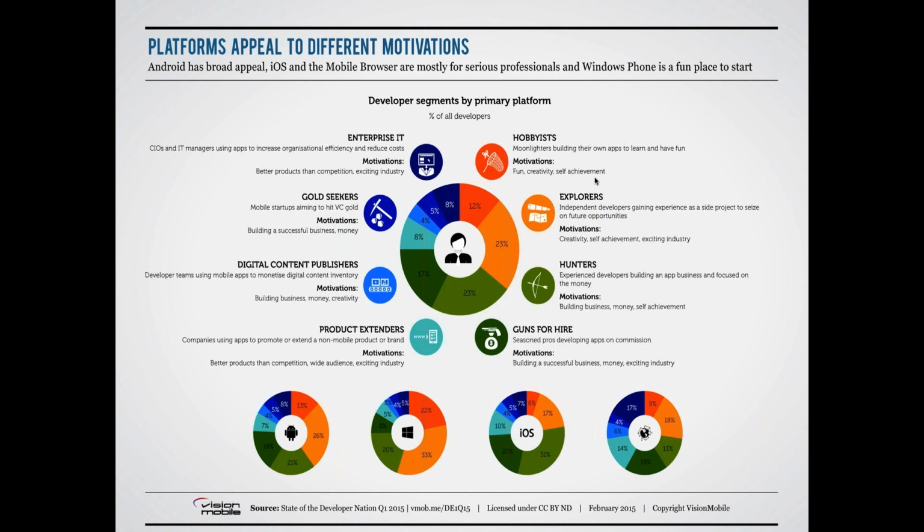So Android-first developers, as you might expect, have a substantial share of hobbyists and explorers, but a decent amount of money makers. Contrast this with Windows, that is primarily hobbyists and explorers. Contrast this with iOS, that is primarily hunters and guns for hire, the money-making segments. It's only web that is fairly nicely balanced across the segments.